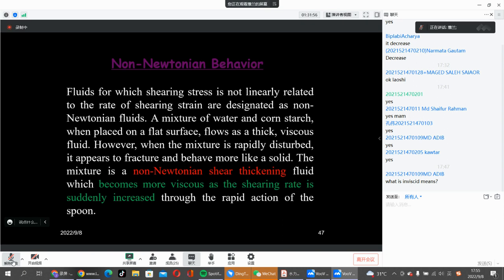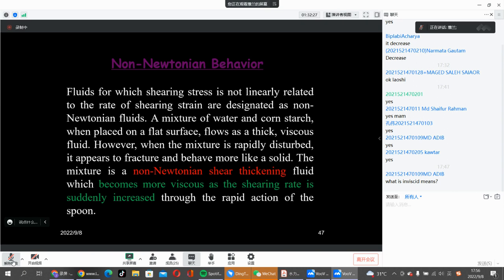So here, because of the rapid action of the spoon, the viscosity of the cornstarch increases suddenly. We know that if the viscosity increases, it behaves like a solid, right? So this is a non-Newtonian fluid. The viscosity is not constant. It changes with the shear stress.